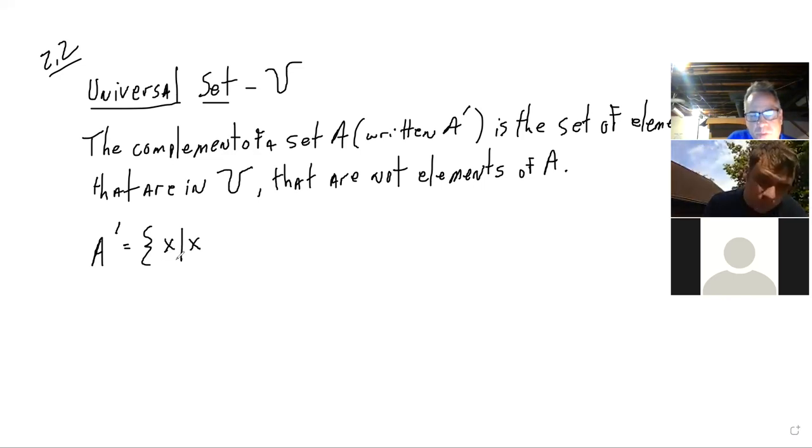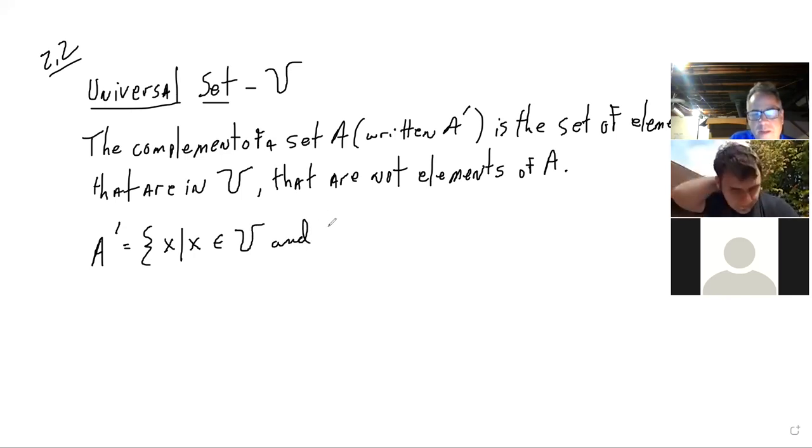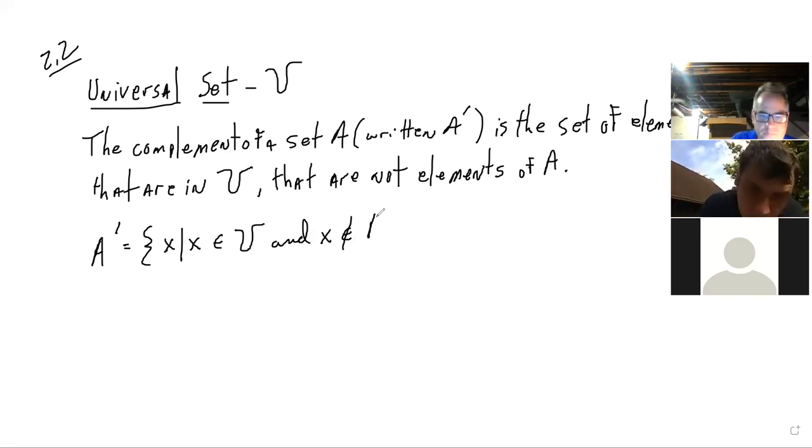So this reads, x such that x, to belong to this set, this means element of, kind of a funky looking small e, so that reads element of, belong to the universal set. And x is not an element, so to represent that, I use the element of symbol and put a bar through it. Not an element of A. Close brace.